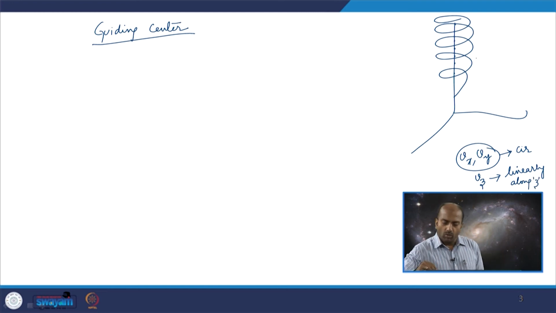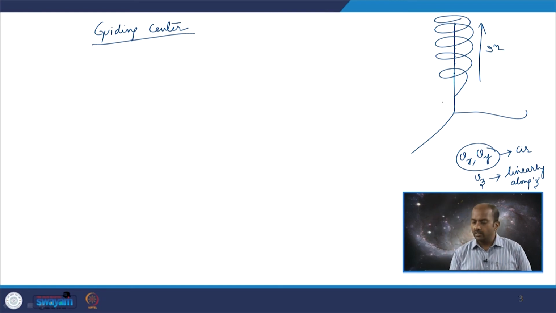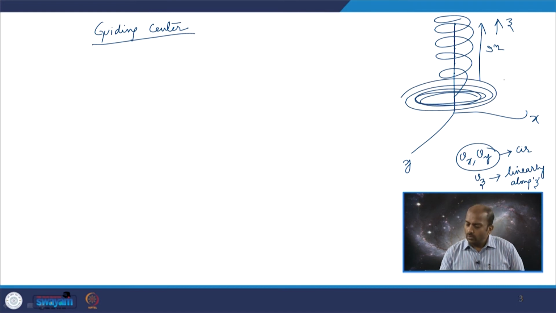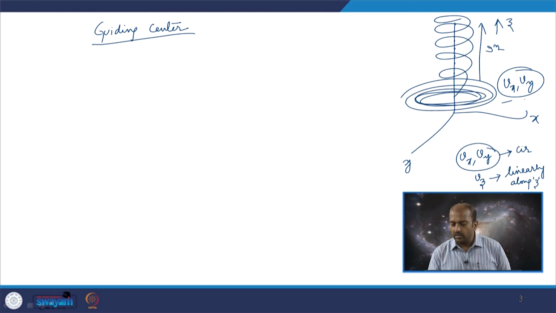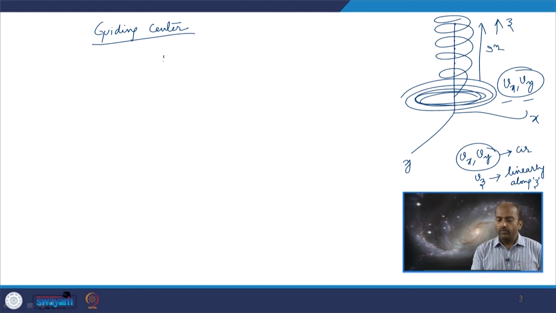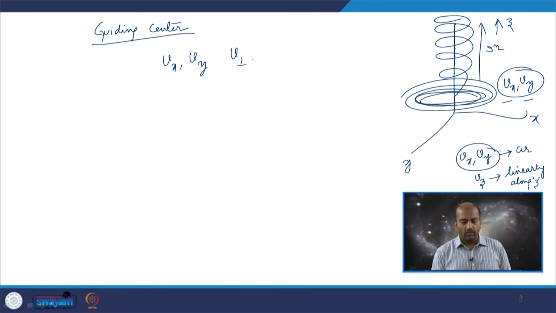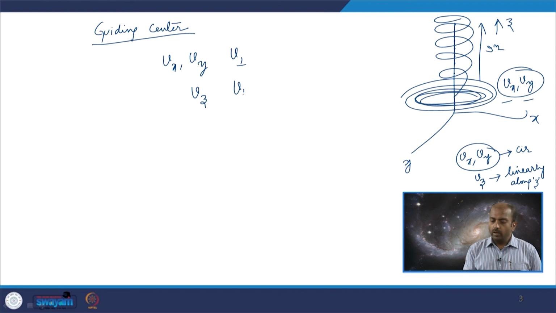So, this movement that you see, the particle going in this way, is due to the z component of velocity, and this movement in this xy plane is due to Vx and Vy. So, this is the role. The magnetic field is influencing only Vx and Vy. That's the reason we call Vx and Vy the V perpendicular components and Vz the V parallel component.